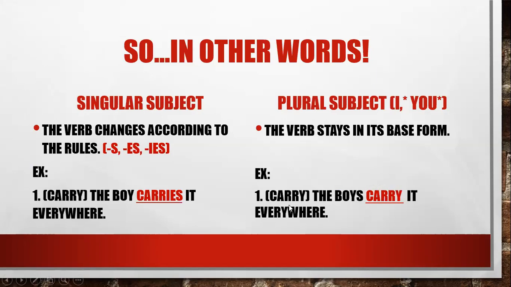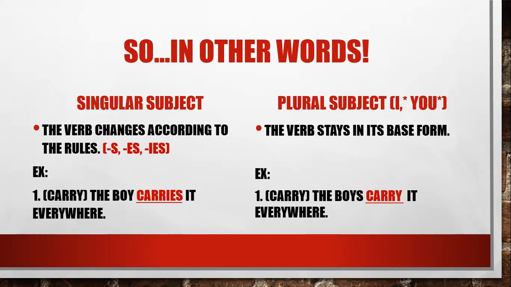So in this second example, although we have the exact same verb, it was kept in its base form because the subject is plural. Okay, so when the subject is plural, or when we have the exceptions, I or you, the verb is going to stay in its base form. So one changes, the other one stays in its base form.